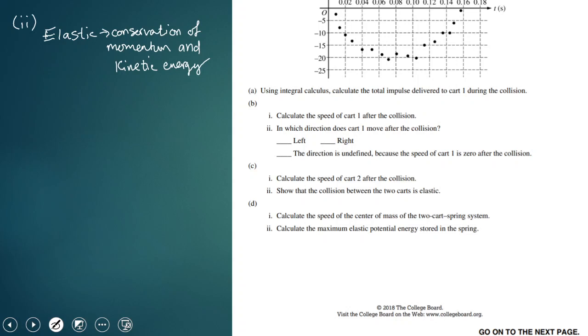And so how exactly do we do that? Well, we just have to show that the initial, so K1 plus K2 initial is equal to K1 plus K2 final.